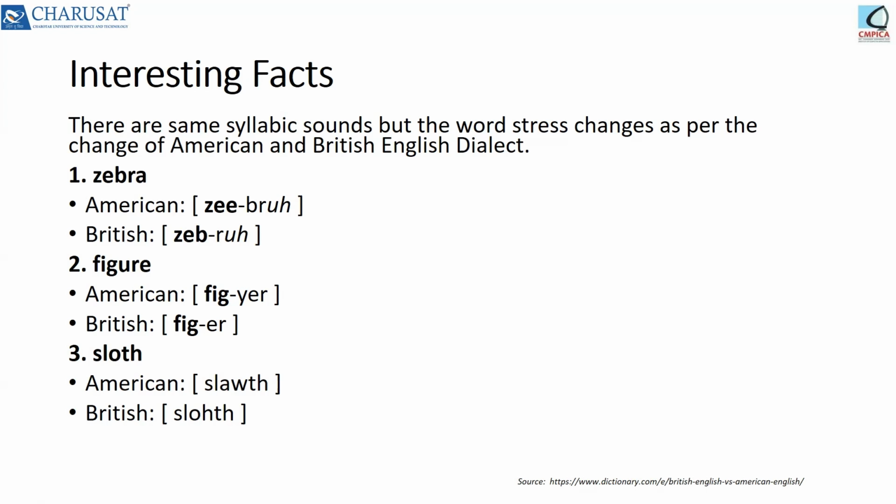Similarly, the word figure, right? If it is American, it is figure, and if it is British, it is figure. We do not say the r as a final sound, we never speak it, right? So figure and figure. Again, fig is the first syllable that takes the prominent word stress. Sloth, sloth, sloth.